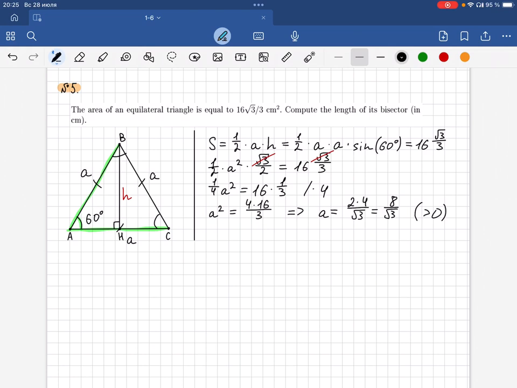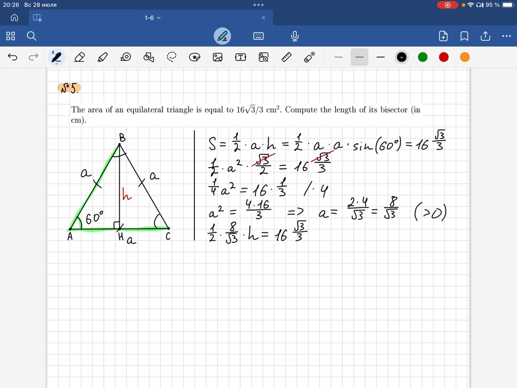Okay, now we have our A, and we can substitute it right here to find H. 1 over 2 multiplied by A, which is 8 divided by square root of 3, multiplied by H, equals 16 square root of 3 divided by 3.